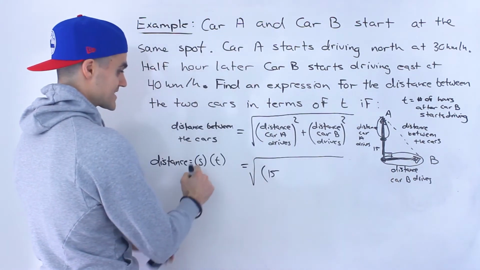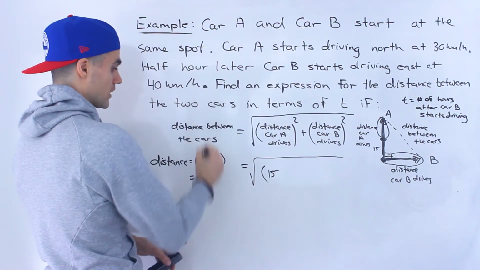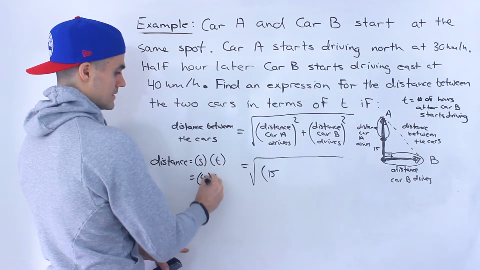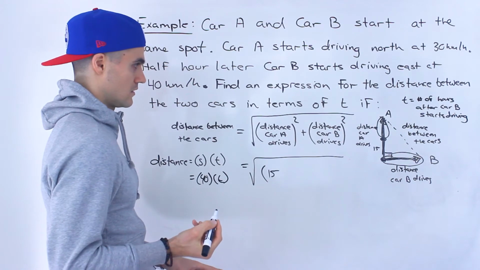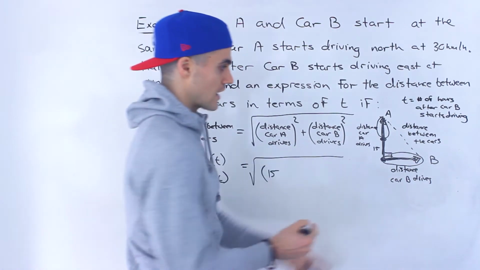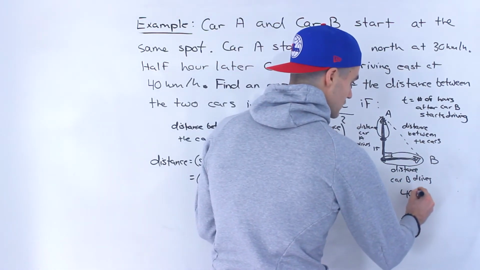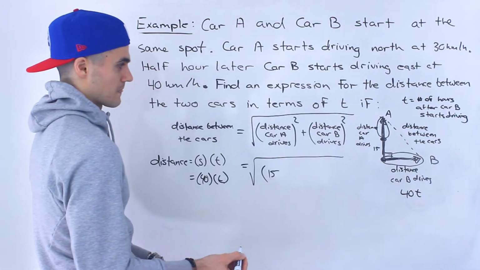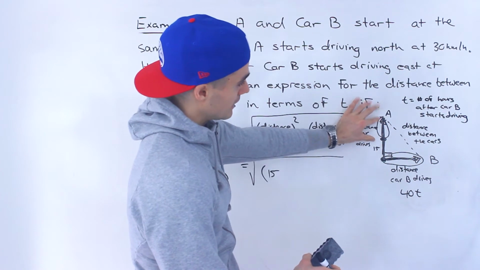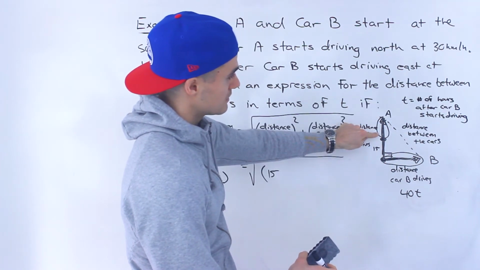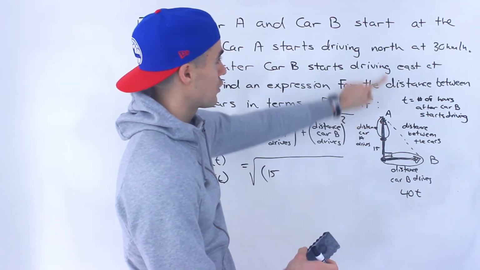Well, it's going to be its speed, which is 40 kilometers per hour, times the number of hours it's driving. So the distance car B drives we could represent as 40t. The distance car A drives is 15 kilometers here, and then this distance here is going to be 30t.